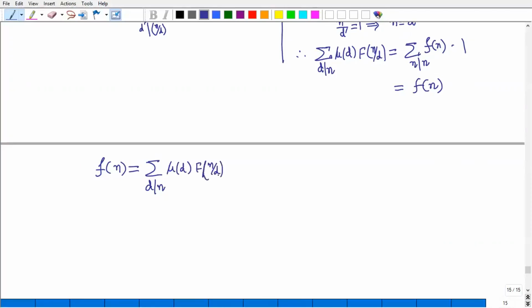And the other form is the sum over the divisors of n, mu n by d f d. They are the same. I am leaving it as an exercise to show that the two formulas are equivalent.